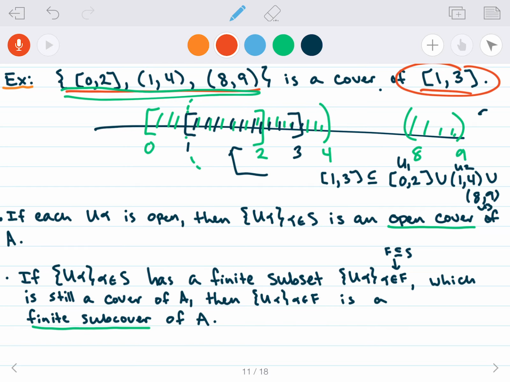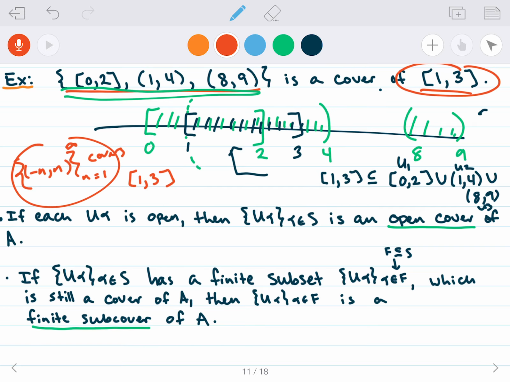We could say negative n to n, where n ranges from 1 to infinity, covers 1, 3. That is definitely an infinite set that covers 1, 3. But the point is, we don't need an infinite set to cover 1, 3.